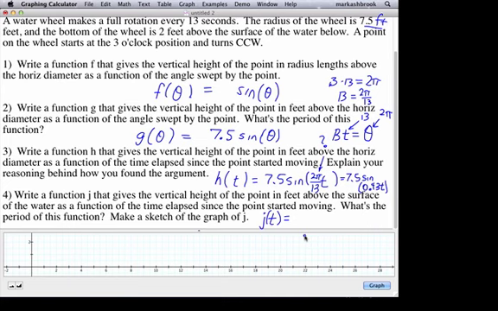So how are we going to write this function? We take the existing h function, which gives us vertical height in feet, and now add 2. What do we think?